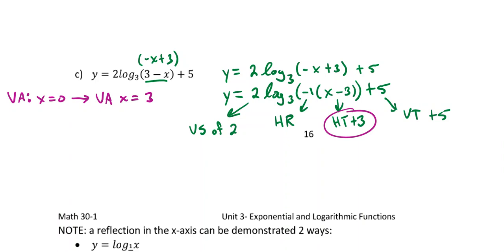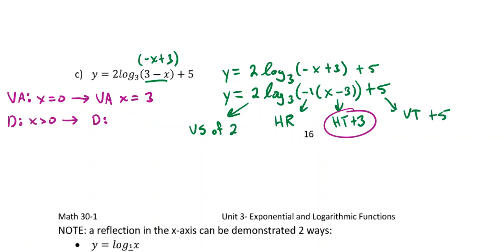All right. Now the domain. The domain of the original would be x is greater than 0. What's the domain of the new one? So we're saying x has to be greater than 3, right? There's just one little thing we're missing. Less than 3. Yeah, less than 3. How'd you know it was less than 3? The reflection did it, right? So just be careful on those.